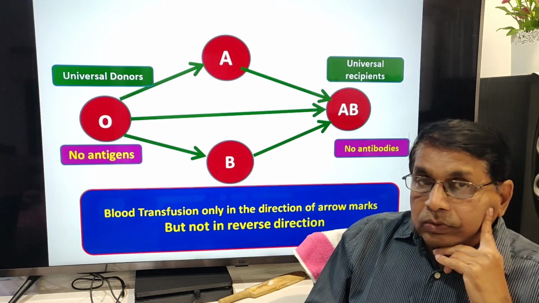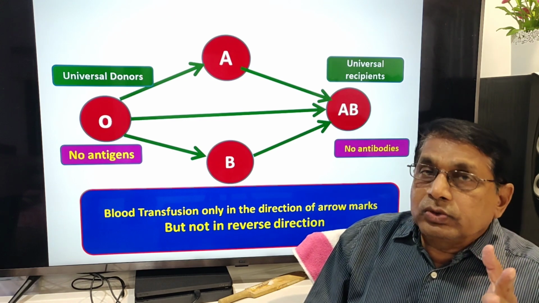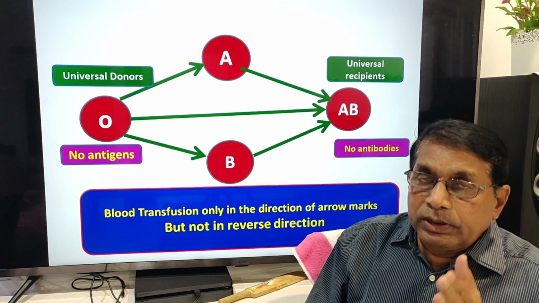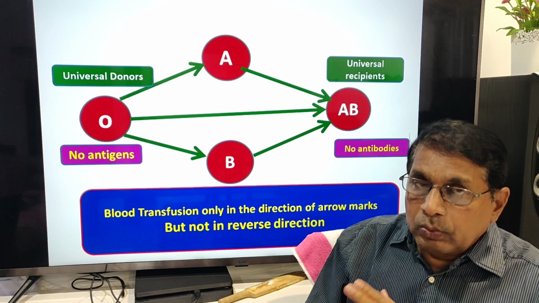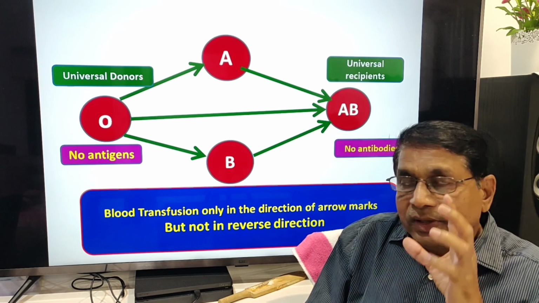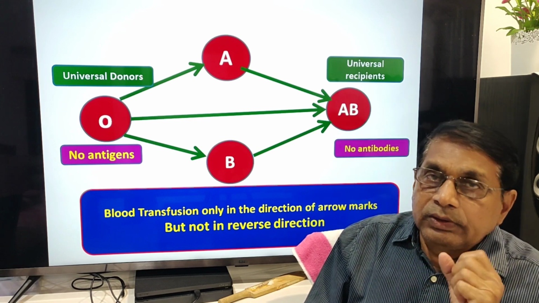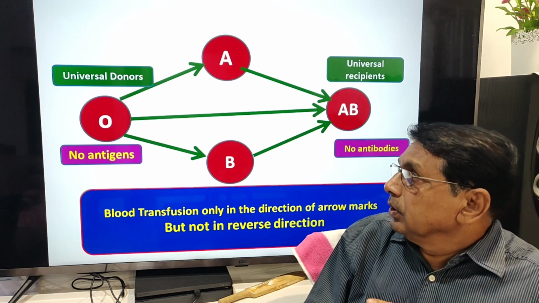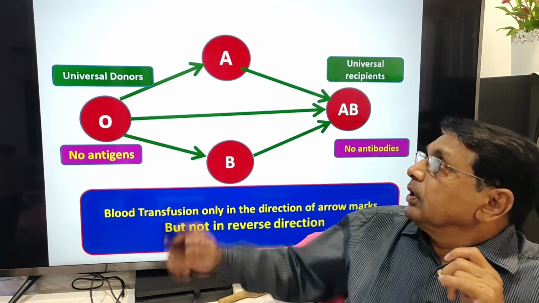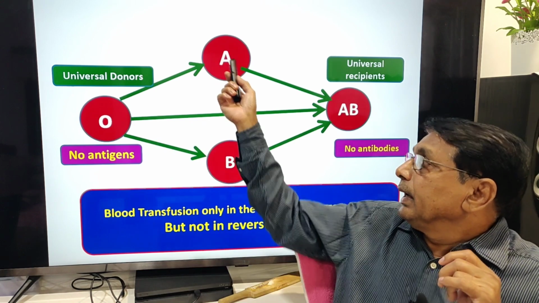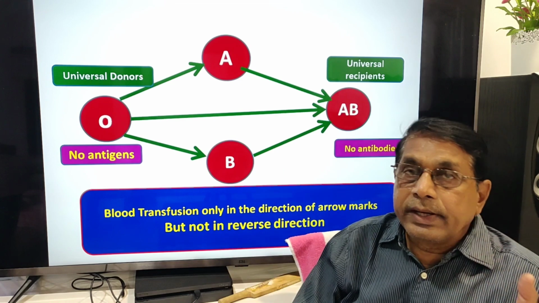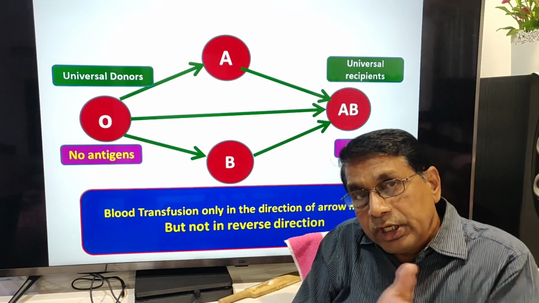Then, if you take the ABO blood group system, A group, B group, AB group, O group, who can give blood to whom? This is a very simple and very informative diagram. O group people can give blood to A, B, AB. The arrow mark shows the direction in which it can be donated.